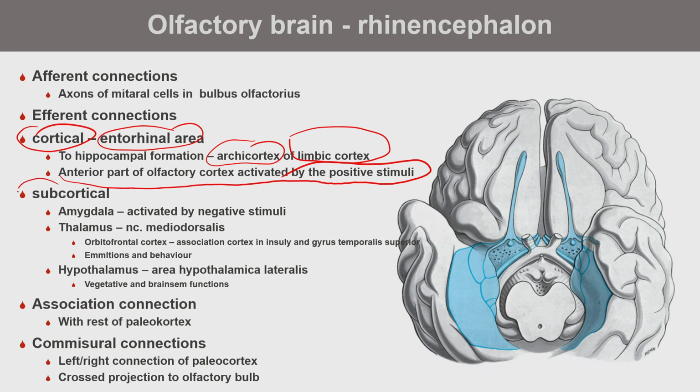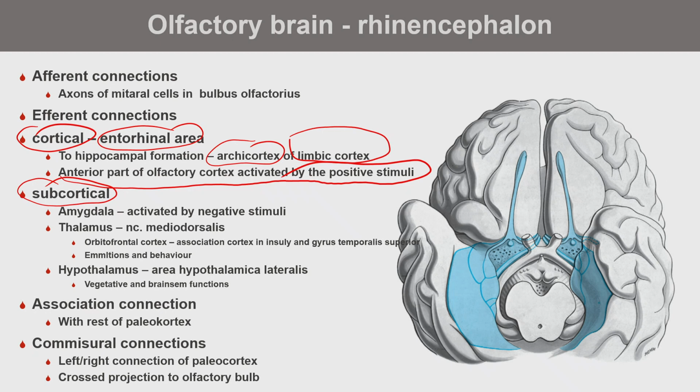Then it is also related to subcortical gray matter, which is amygdala. Amygdala is the part of cortex which vice versa is associated with the negative. So you can smell that the orange is not good. So if it is 2 weeks old, it's not to be eaten. So then those negative stimuli could be imprinted into the memory by amygdala.